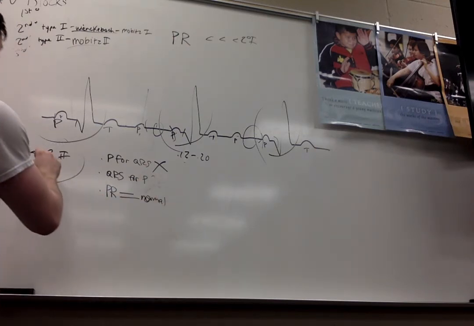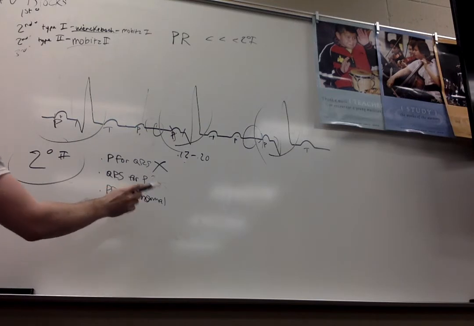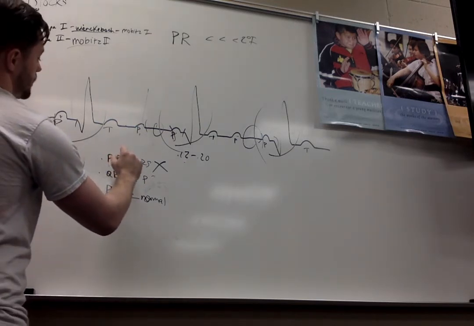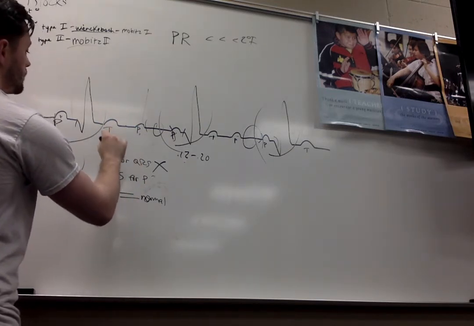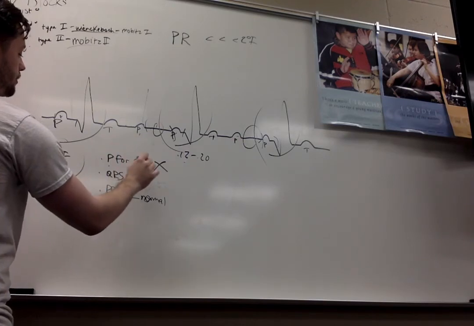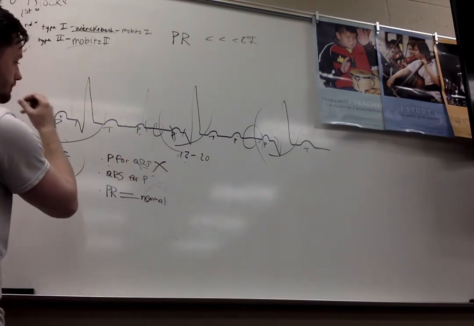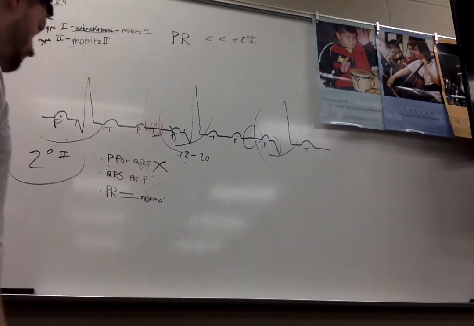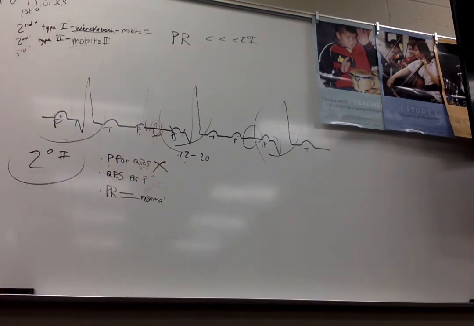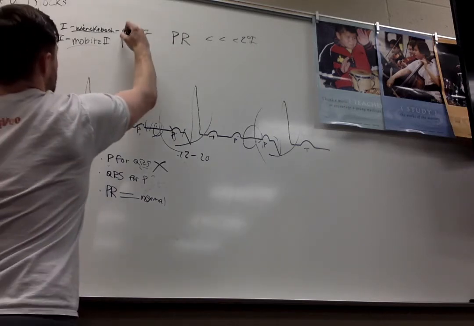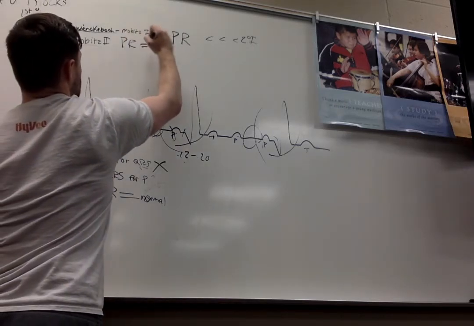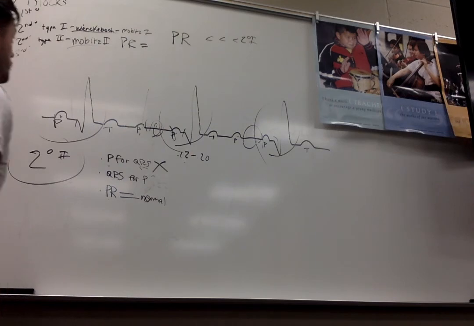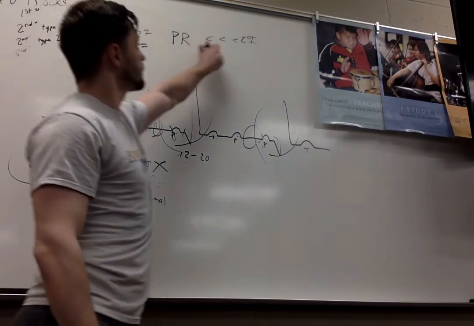Second degree type 2, your PR is normal, but you don't have a P wave for every QRS. You have a P wave, but no QRS. So type 2, PR is normal. It's equal throughout. Type 1, PR elongates.